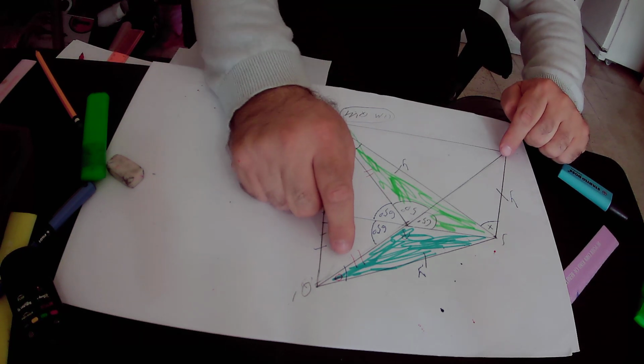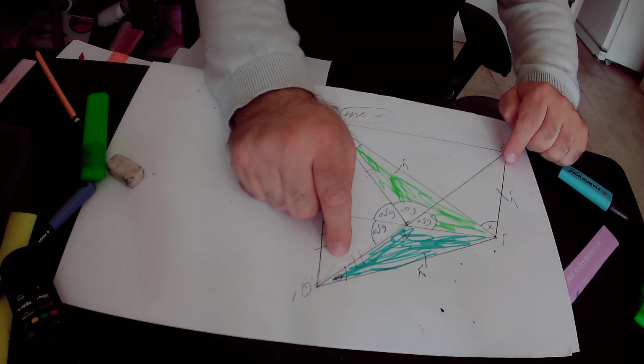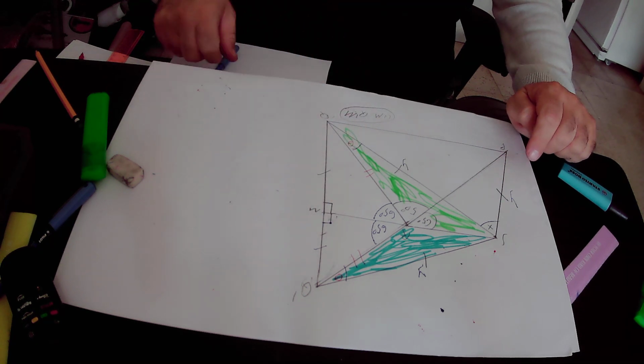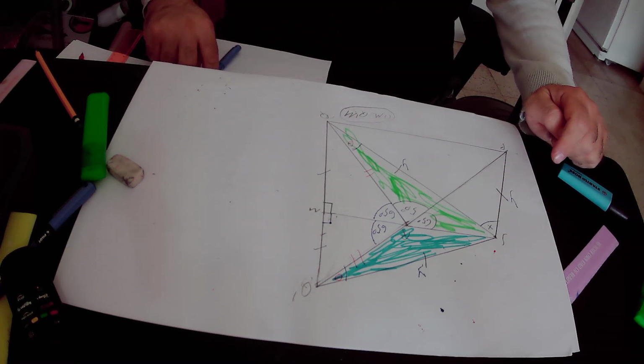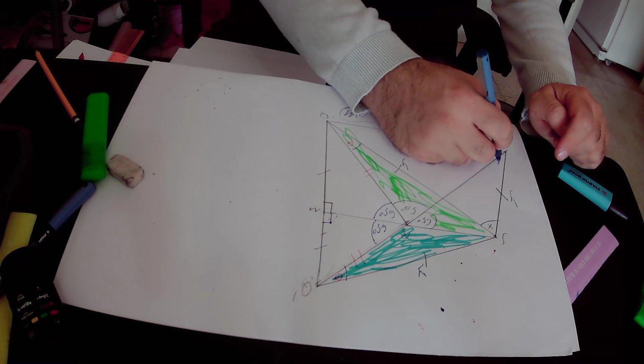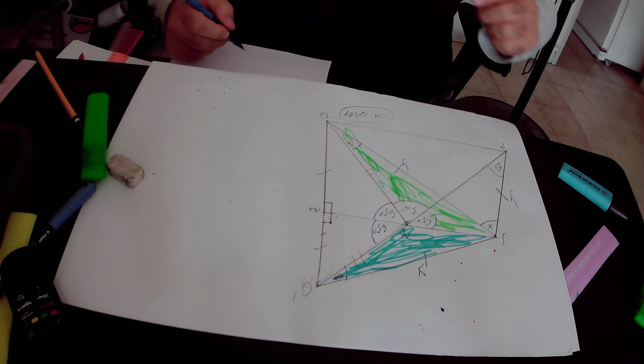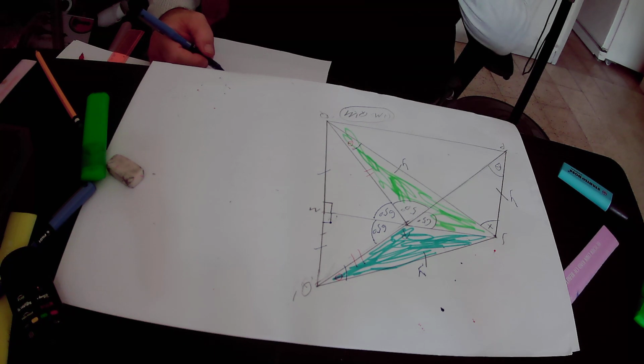Therefore, those two angles must be equal to each other because they are located opposite equal sides. So if this angle is theta, then this angle also must be equal to theta.